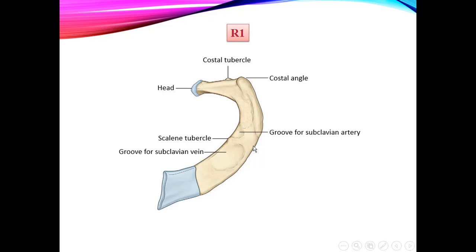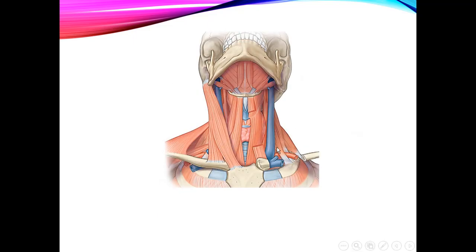Another reason is this tubercle. The first rib, in addition to the costal tubercle, has another tubercle called scalene tubercle. Here is the scalene tubercle located on the superior surface of the first rib, and this tubercle gives attachment to the anterior scalene muscle.